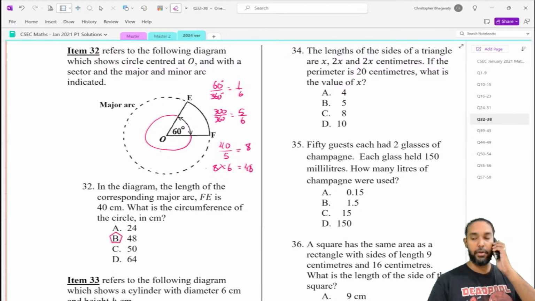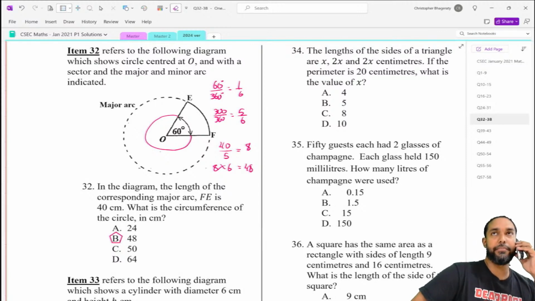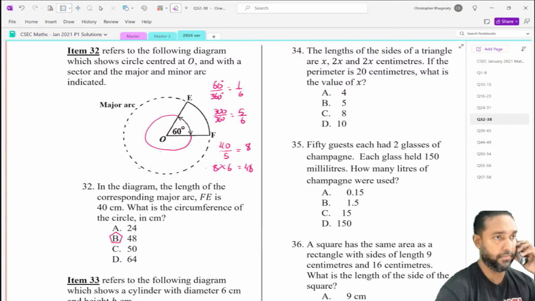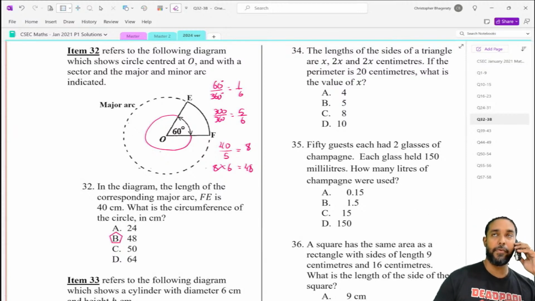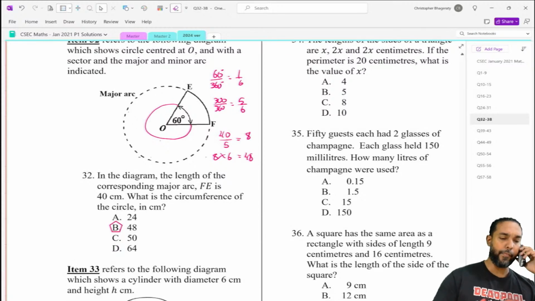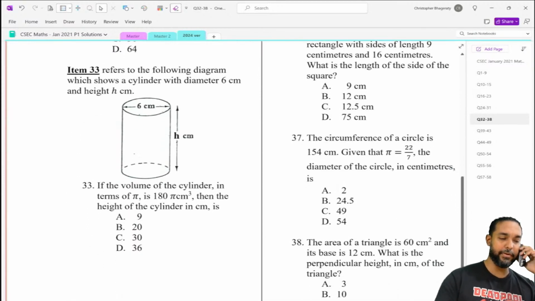Sorry. Hello? This morning, I think about 9. So it's in the realm of possibility. That's VIX.